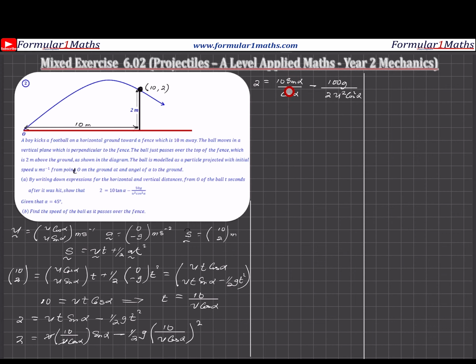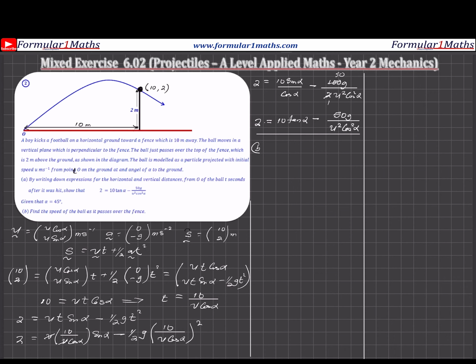I can also see that 2 can cancel here, and 2 can cancel 100. And so the equation now becomes 2 is equal to 10 tan alpha minus 50g over u squared cos squared alpha. And that is the proof required.